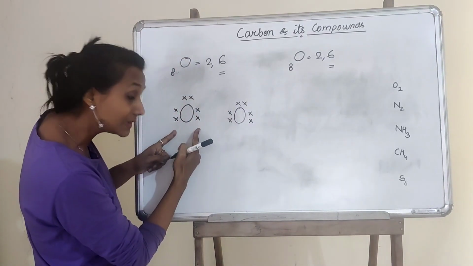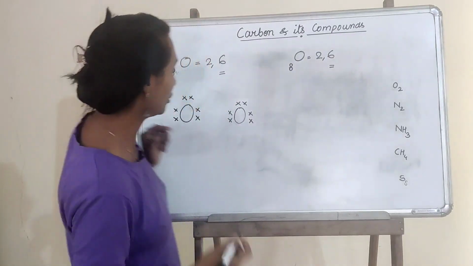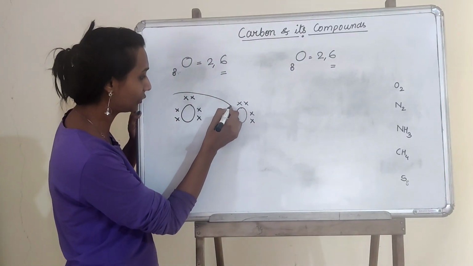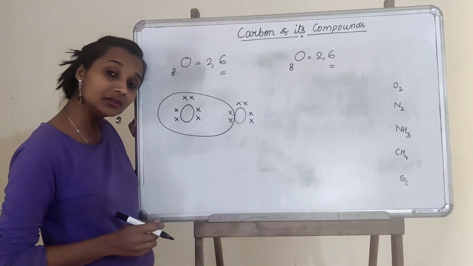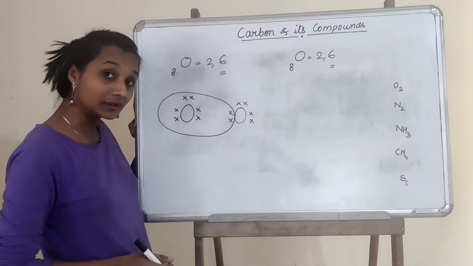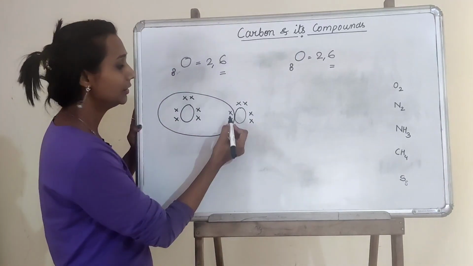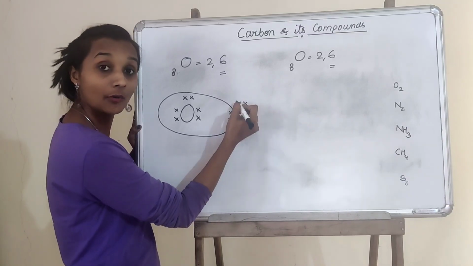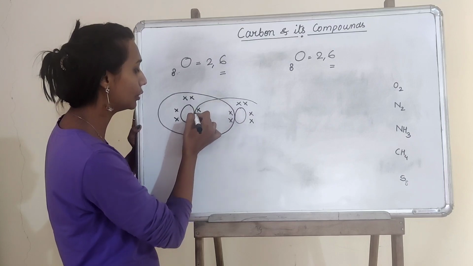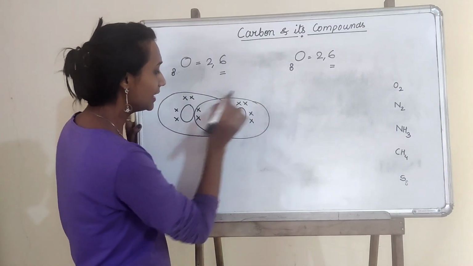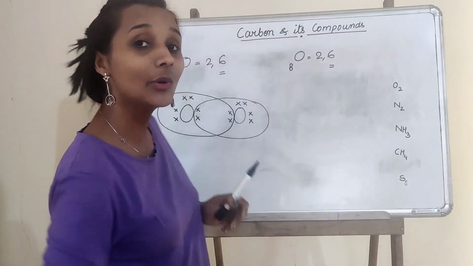Now this oxygen has 6 electrons and requires 2 more electrons to follow the octet rule, or to complete its octet. Now can you see there are 8 electrons here. Now let us move towards the other oxygen atom: 1, 2, 3, 4, 5, 6. Now how many do we require? We require 2 more. So can you see there is equal sharing of electrons between two atoms.